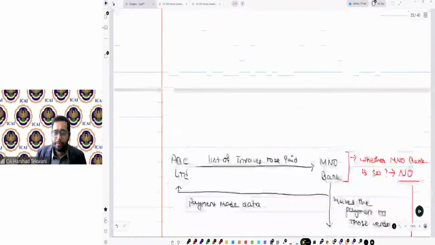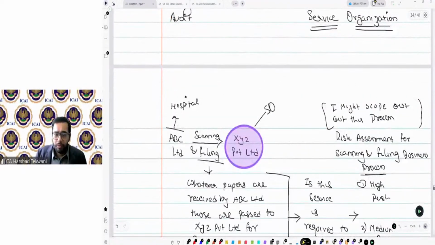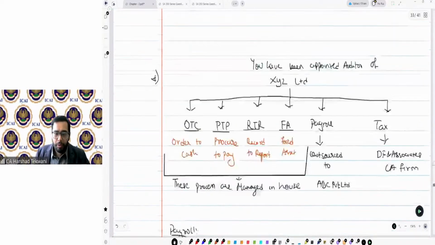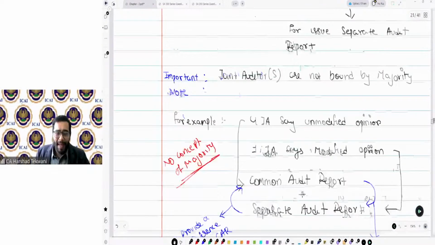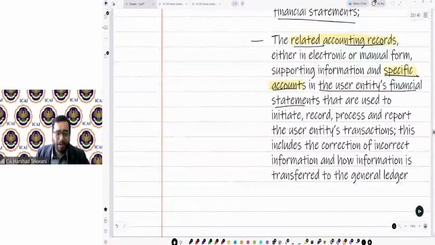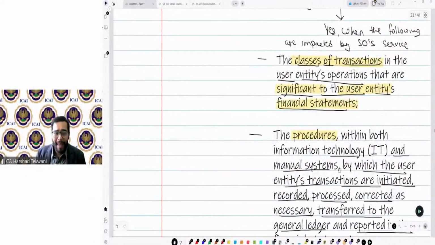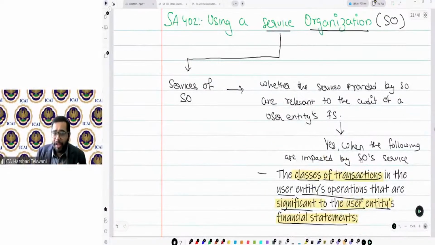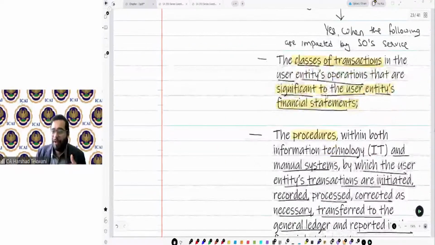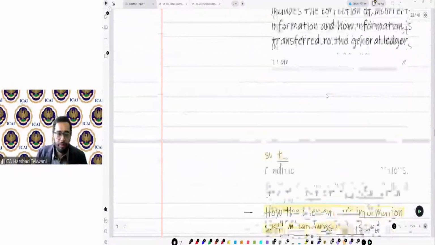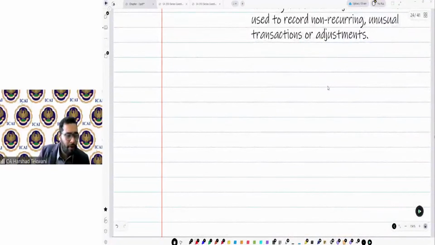Okay. So in this example, the bank is not our service organization. I could say the transactions processed by a bank somehow impact my classes of transaction, but there is a specific exclusion for financial institutions. I'll write over here also.